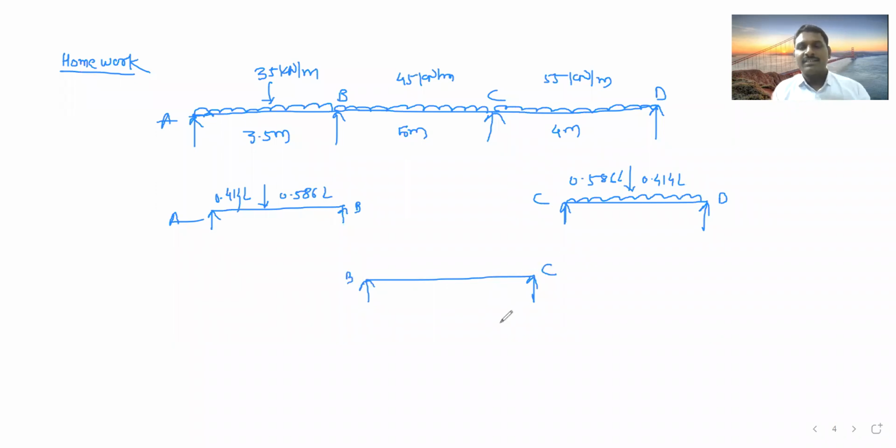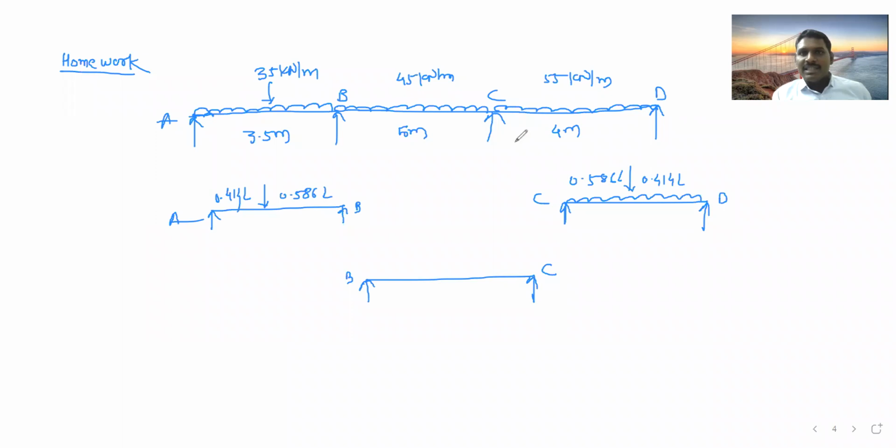So it is at the center. So now what? If the end span is there, AB is the end span, CD is the end span.